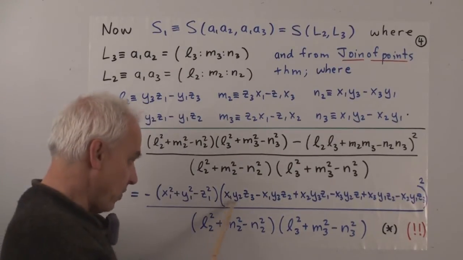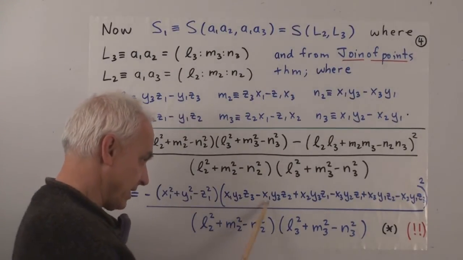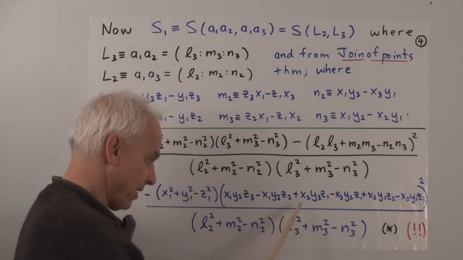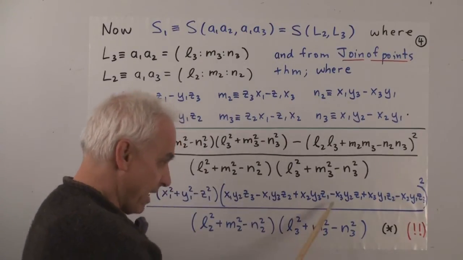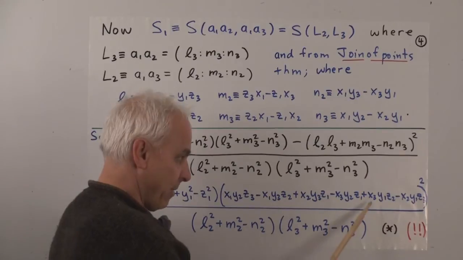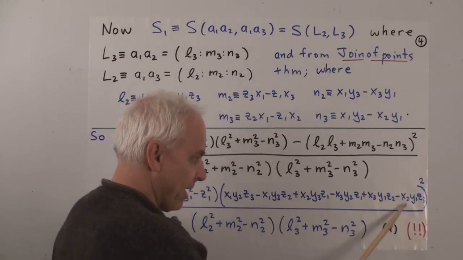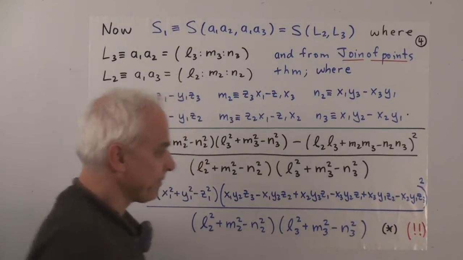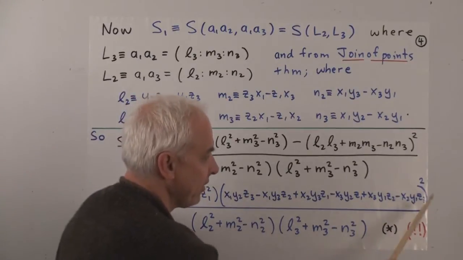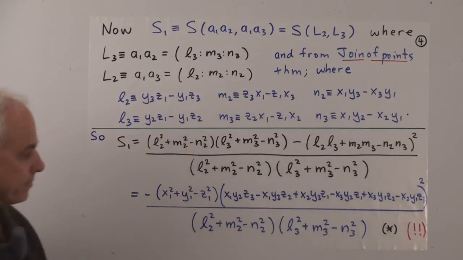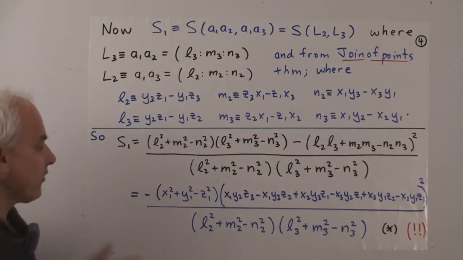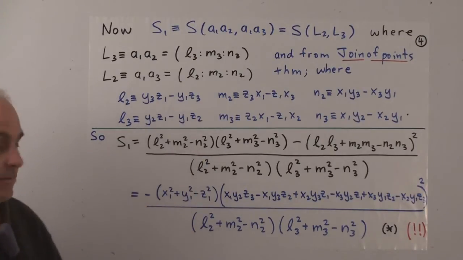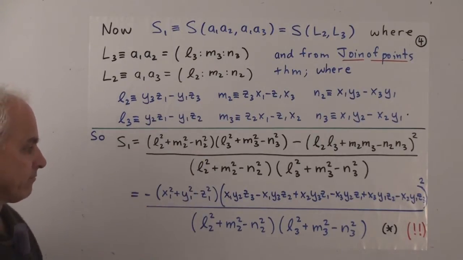So it is x1, y2, z3 minus x1, y3, z2 plus x2, y3, z1 minus x3, y2, z1 plus x3, y1, z2 minus x2, y1, z3. And it's all that determinant squared. It's a remarkable polynomial identity.